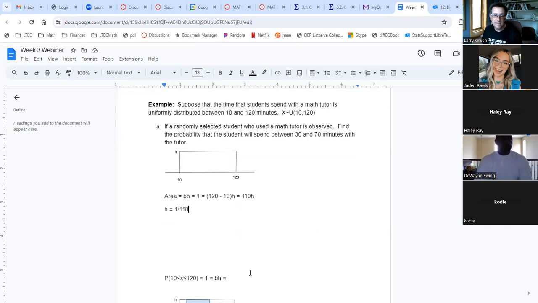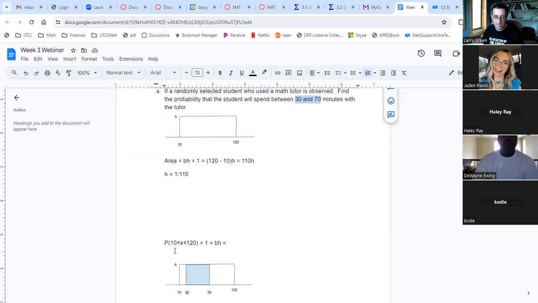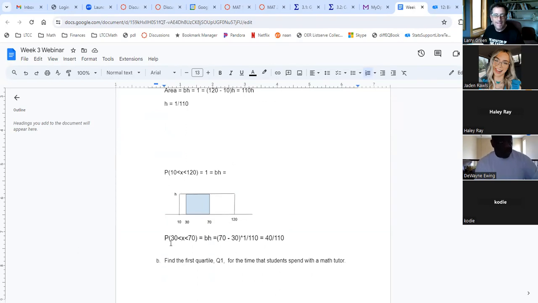Okay, then we're asked for the probability that the student will be between 30 and 70 minutes. Sorry, that's the probability that 30 is less than x is less than 70.